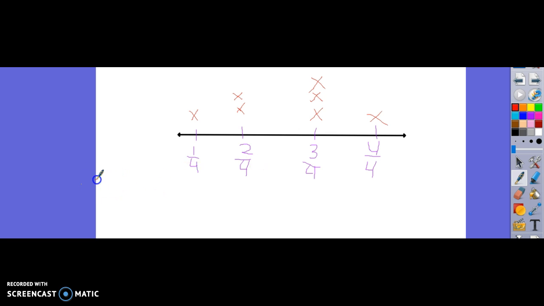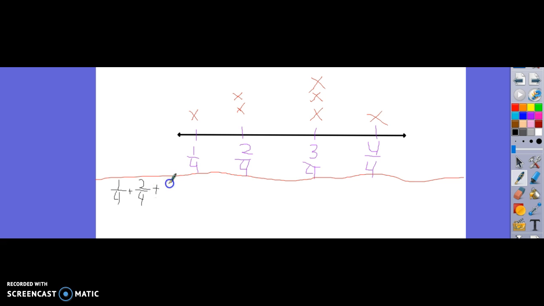So now what they want you to do for number 5 is if you were to line them up side to side, how long would your erasers be? What do you have to do next? Add them all up. So you have 1/4 plus, how many 2/4 do you have? 2 of them.